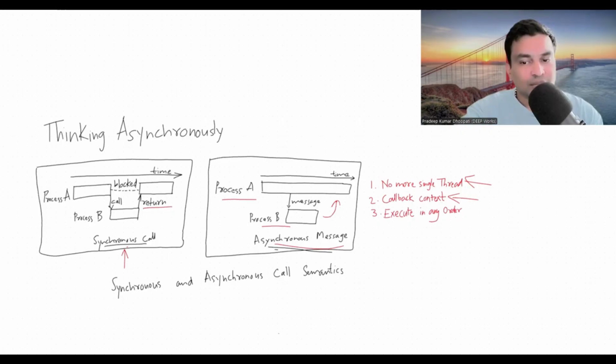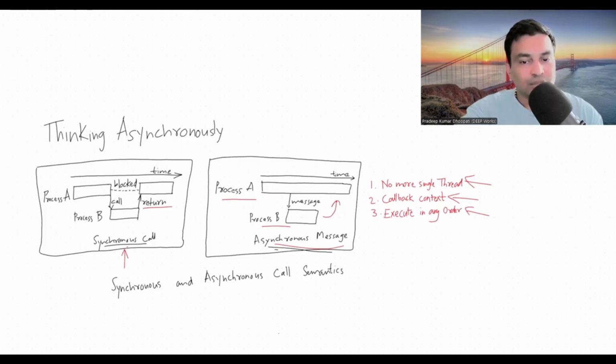Another implication, or a trade-off, when using asynchronous communication is that the order in which the messages get processed is not sequenced, which means that it executes in any order.